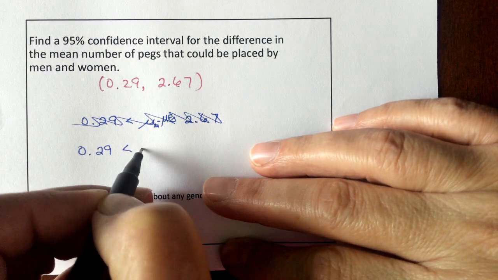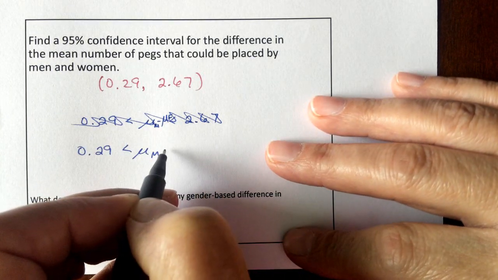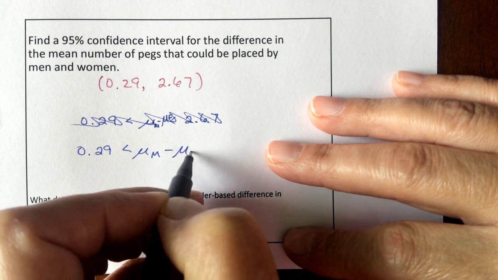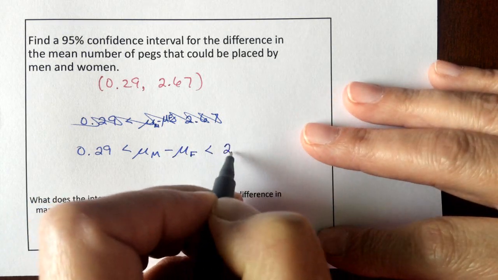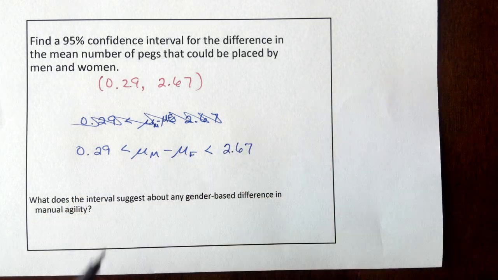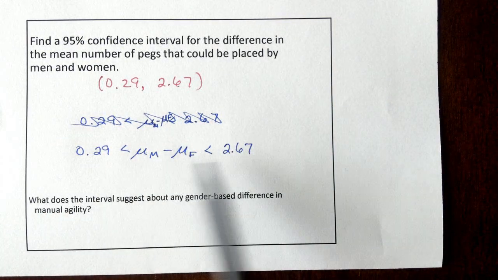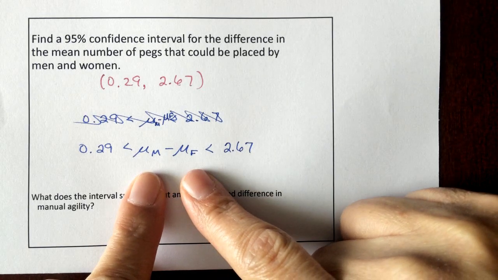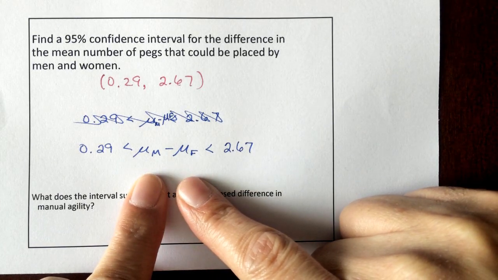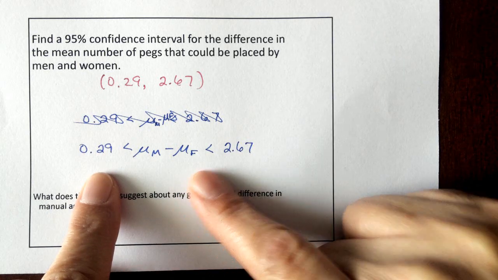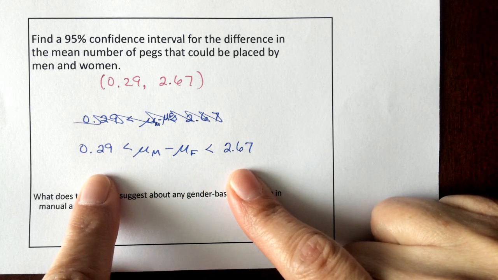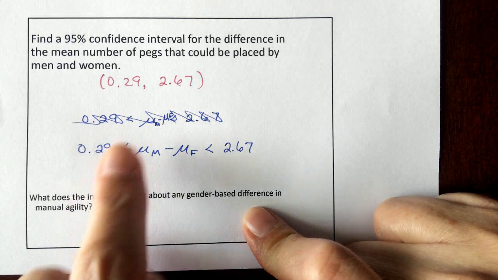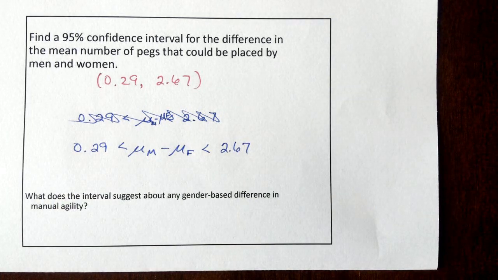So this is the difference in the average that all men and average that all women can, number of pegs they can put in 1 minute. In terms of notation, it's pretty messy if you use an inequality, because we want to say the difference in the average number of pegs, men minus women, is between 0.29 pegs and 2.67 pegs. That's just hard to look at, hard to write correctly the first try if you're not being careful. The safe route is to use the interval notation.